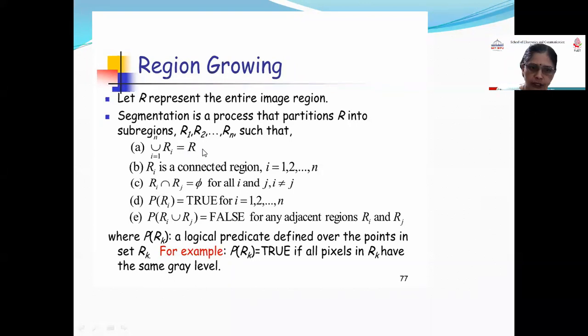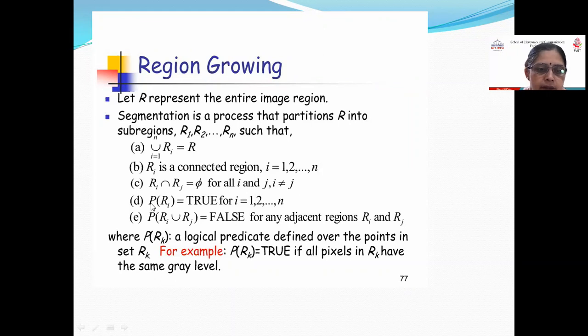The union of Ri, where i runs from 1 to n, represents the original image R. Every sub-region R1, R2, Rn is a connected region. If we take the intersection of two regions, Ri intersection Rj, for i not equal to j, it should be a null set.